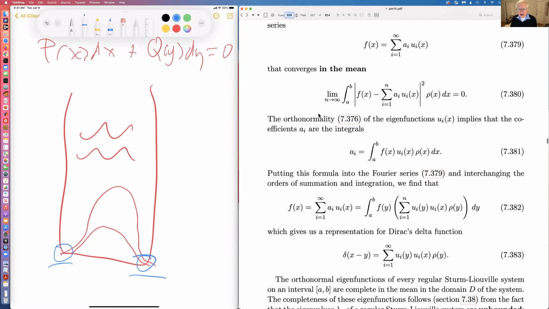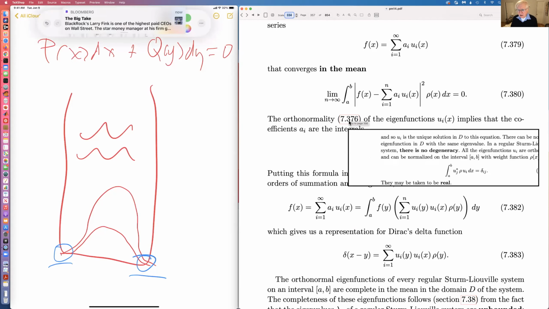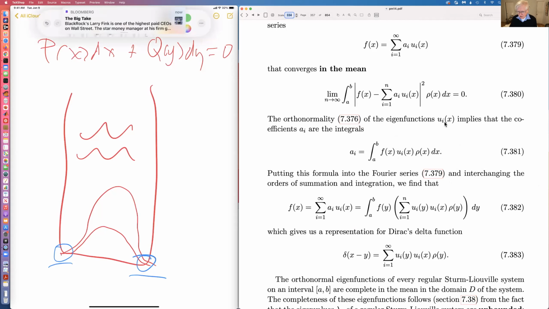So suppose we have, first of all, this formula for the coefficient. The reason for that is the orthonormality of the eigenfunctions.